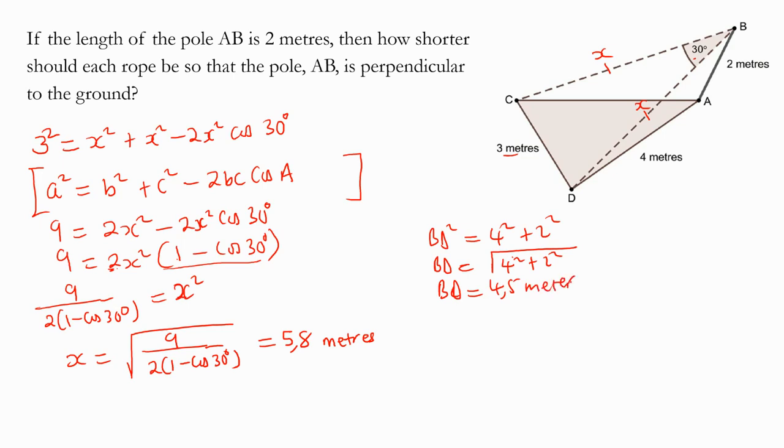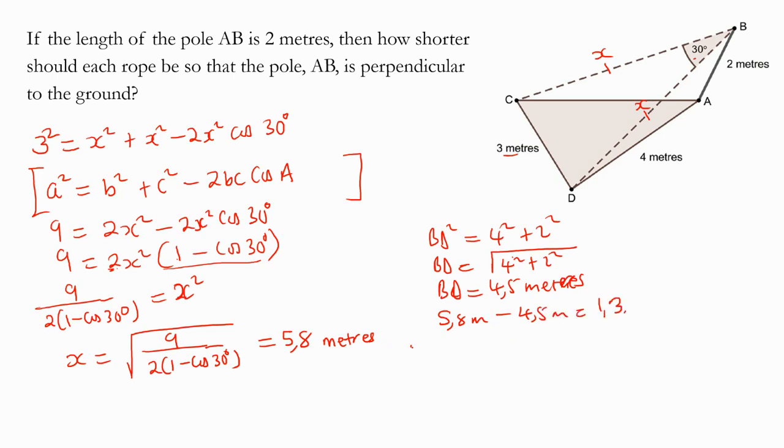Meaning that if the pole is perpendicular to the ground, then BD and BC should be equal to 4,5 meters, but they are longer than that. So the question was, how much shorter should each rope be? So we need to find the difference between 5,8 meters and 4,5 meters, which is 1,3.